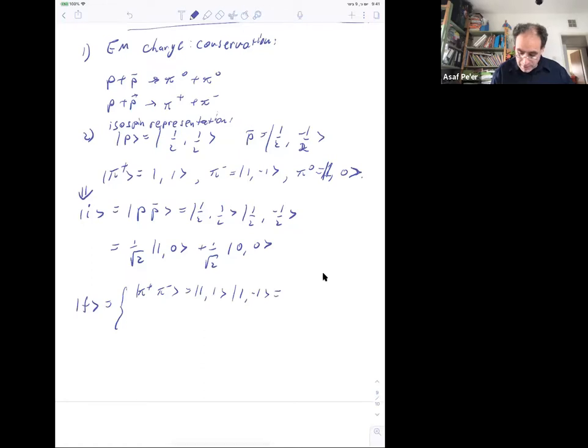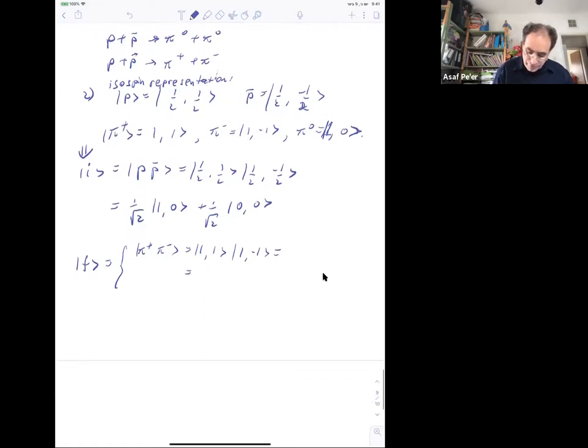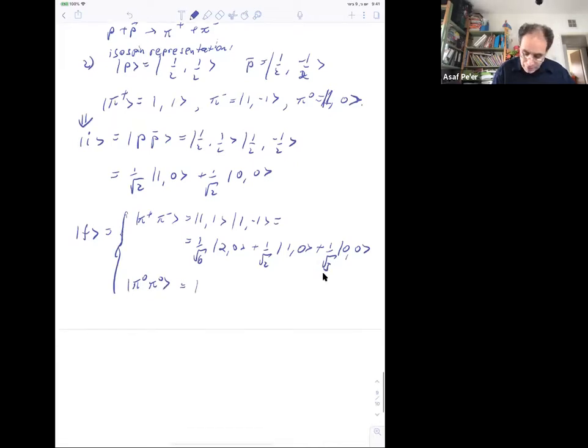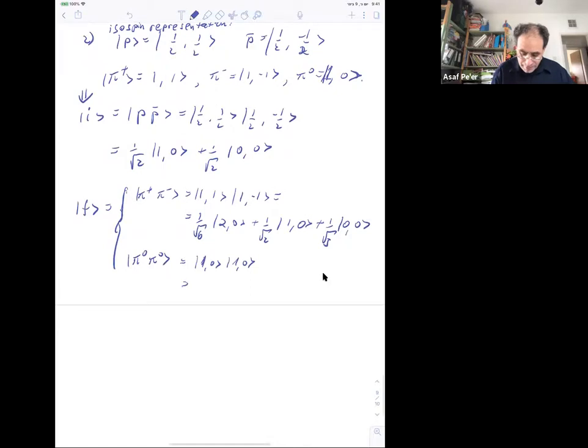So again, using the Clebsch-Gordan coefficients, that is equal to 1/√6 of 2, 0 plus 1/√2 of 1, 0 plus 1/√3 of 0, 0. Or we can have the pi 0, pi 0, because again, it's a 1, 0 and 1, 0. And again, looking at the Clebsch-Gordan table, this is equal to square root of 2/3 of 2, 0 minus 1 over square root of 3 of 0, 0.